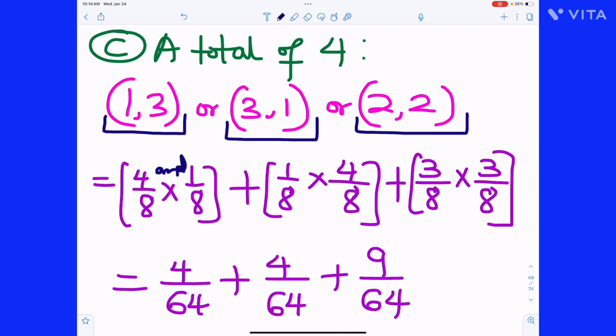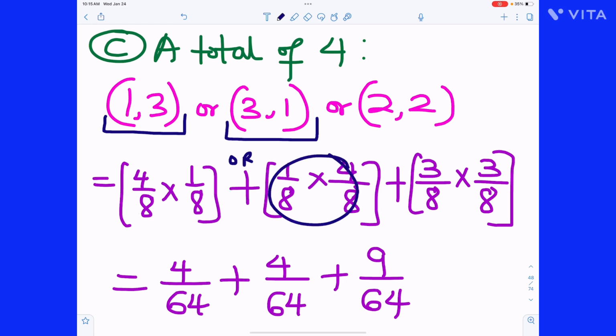Also, the probability of scoring a 3 first time is 1/8, and the probability of scoring a 1 second time is 4/8. So compute that also. All of these are "or": we could get 4 this way, or this way, or else this way.